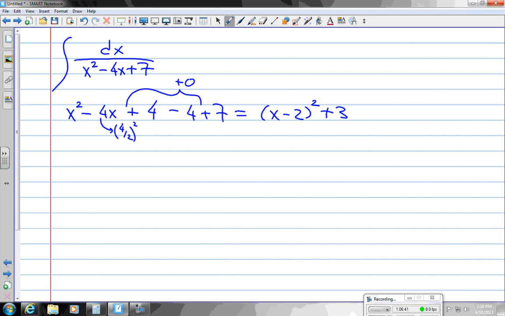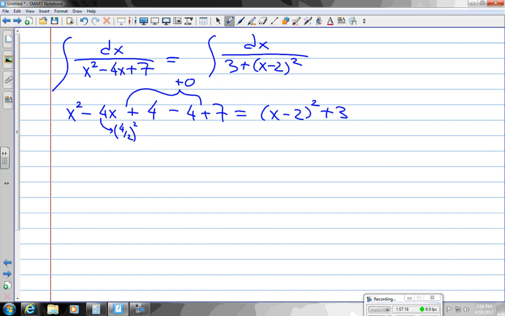That's that polynomial written as a perfect square plus a constant. Actually, I'm going to use the formula for integration here, because my u is x minus 2, and the derivative of that is 1, so I don't have to worry about that extra.